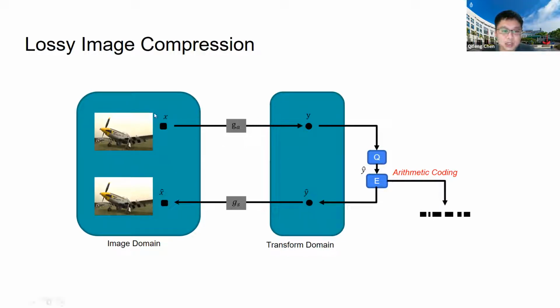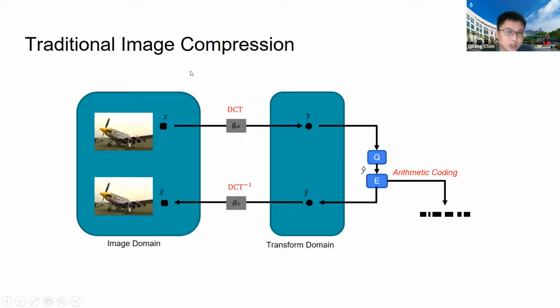Given an image, let's say X, it goes through a function, maybe GA, and you produce some feature, Y. There is some quantization and encoding. We call it arithmetic encoding, because we get some binary encoding. And during decompression, we reconstruct the feature, and then we have a decoder to generate the reconstructed image.